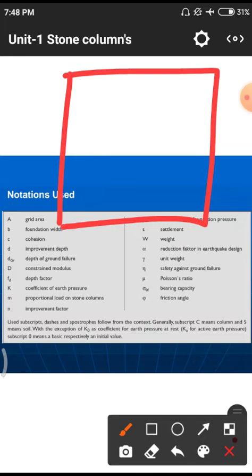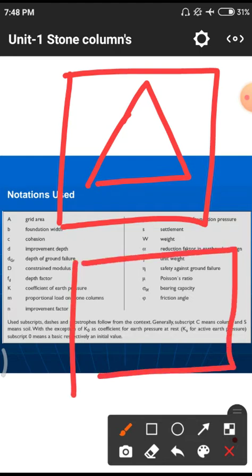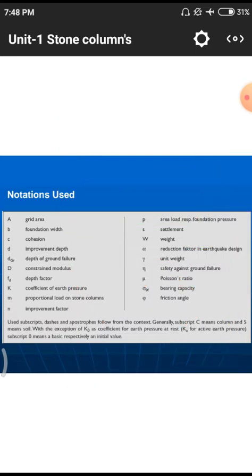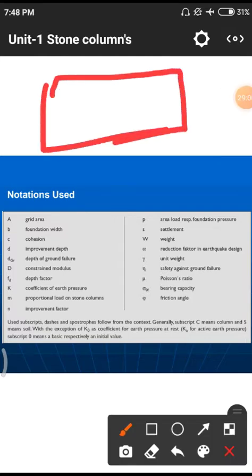Likewise we have a triangular grid, a trapezoidal grid and a circular grid. Different kinds of grids are there, and those areas we need to have. Next, B is the foundation width. This is the total foundation, this is the depth and this is the width of the foundation.